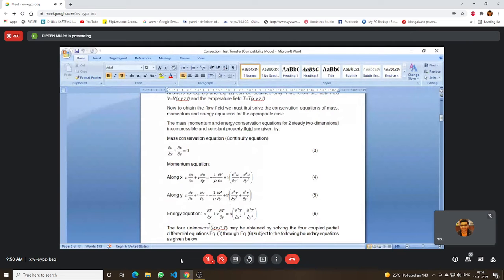By flow field, I mean how U will vary along x and y and how V will vary along x and y, because it is U and V that will distort the temperature equation.